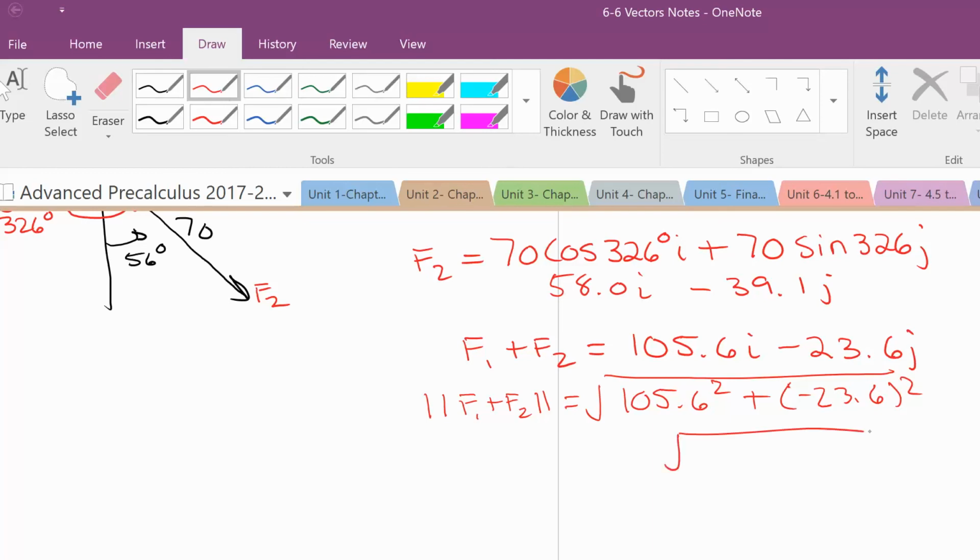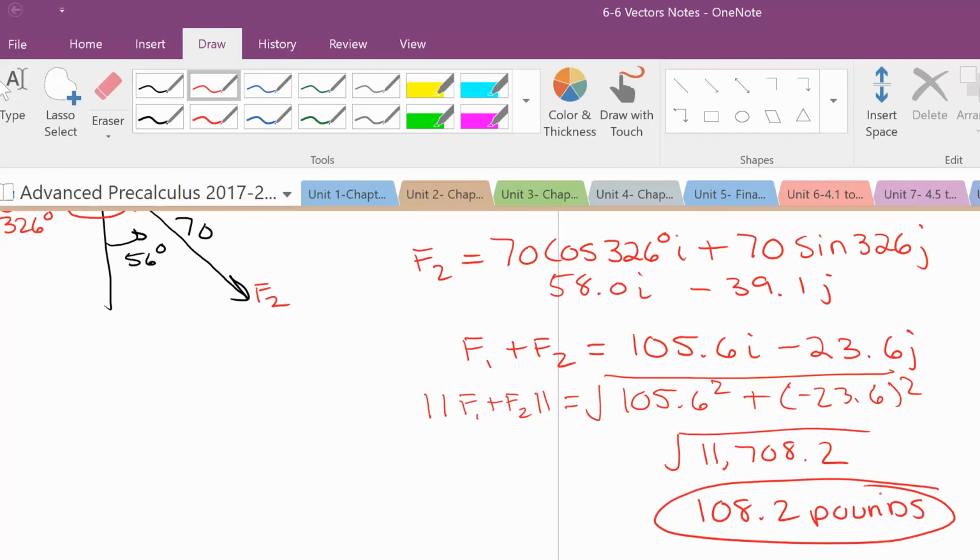That gives us the square root of 11,708.2. So that gives you approximately 108.2 pounds. That is the magnitude of the resultant force.